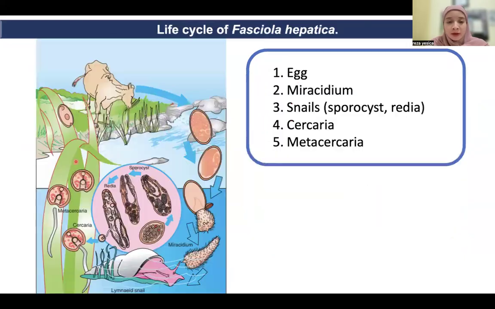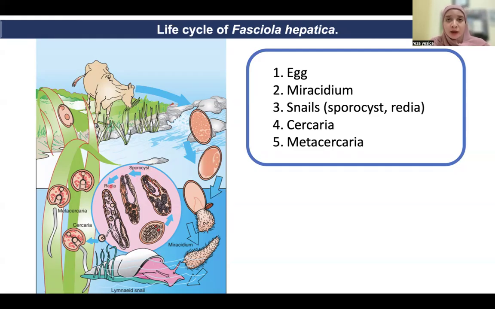It's really big. And this is the life cycle from the cattle. If they are positive with Fasciola, the feces will come out positive with egg. The egg will grow into miracidium. Miracidium will attach to snails, especially Lymnaea snails. Inside the body of Lymnaea snails, they will grow into sporocyst and redia.